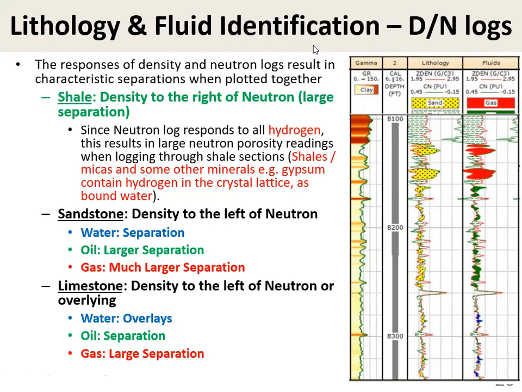So let's see if we can identify a shale zone here. So this is a shale zone. If you look at it, the density, that's the red line, trends to the right, while the neutron porosity is on the left. So this is a typical shale zone.